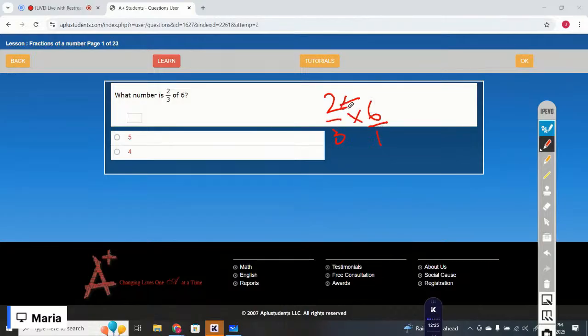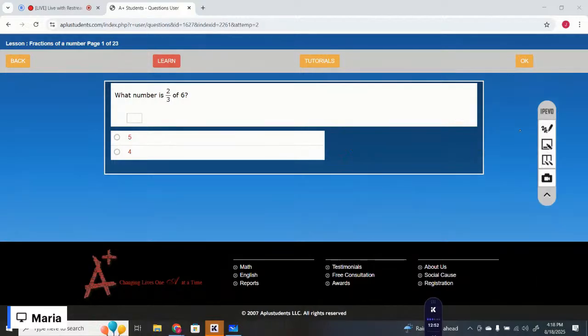So we need to do 6 times 2 and 3 times 1. So you can write it as 12 over 3. So 3 times 1 is 3 and 3 times 4 is 12. So the correct option is 4. Option number 2 is the correct option.